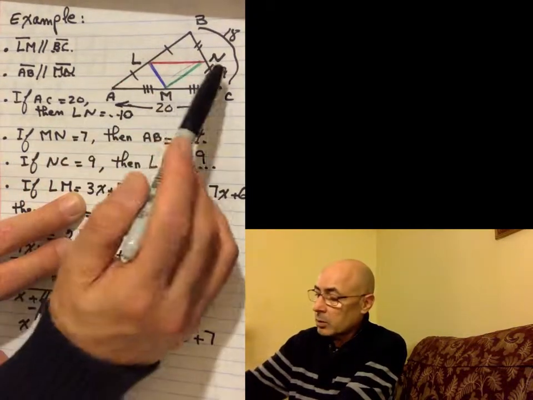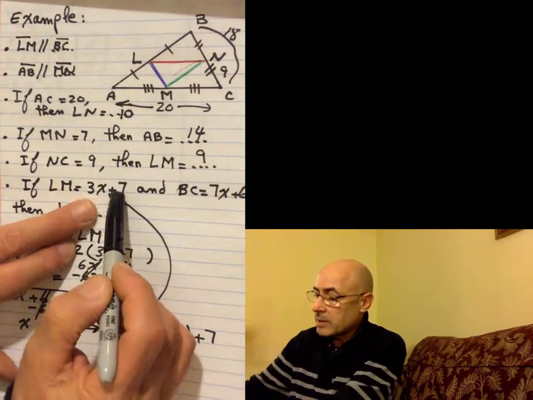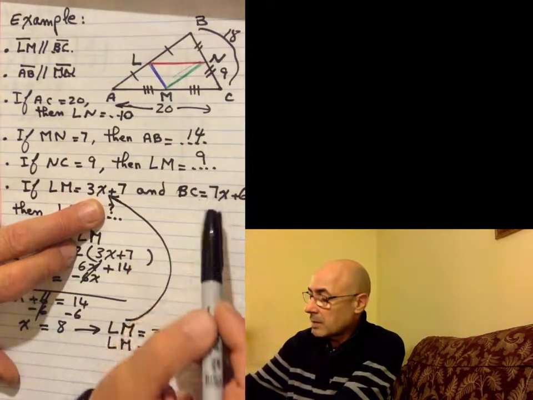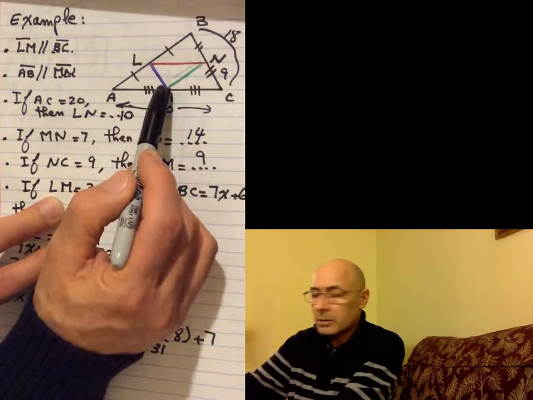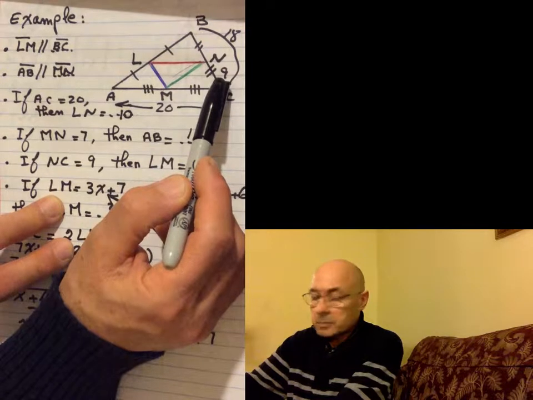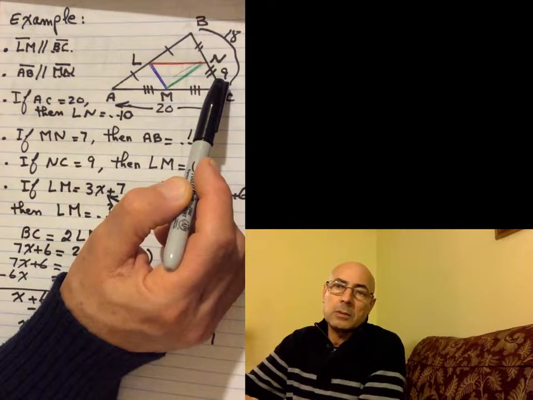But right now, we don't know how long that is. LM is 3x plus 7. BC is 7x plus 6. One of them, LM, that's the midsegment. This should be half of the third side. So now we can write an equation.